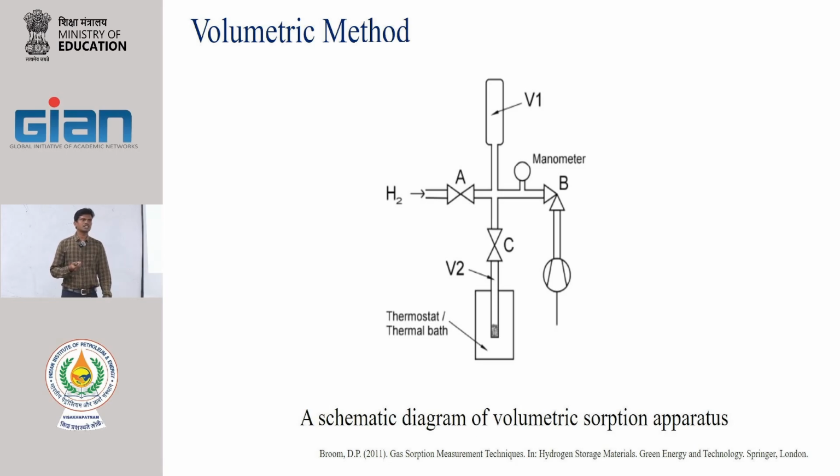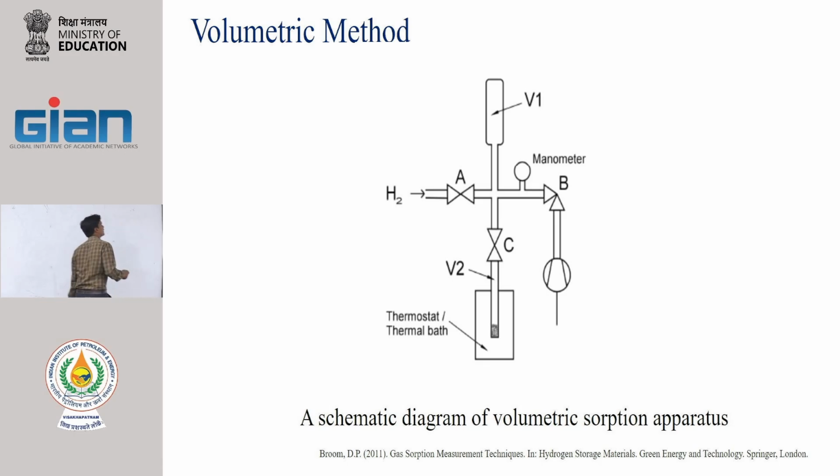How we start: whenever we calculate the gas adsorption, we first close valve A, so that no gas is coming in, and then evacuate everything in V1 and V2. We open valve C and discharge everything through B. Then V1 and V2 are empty, and only the solid material is there.